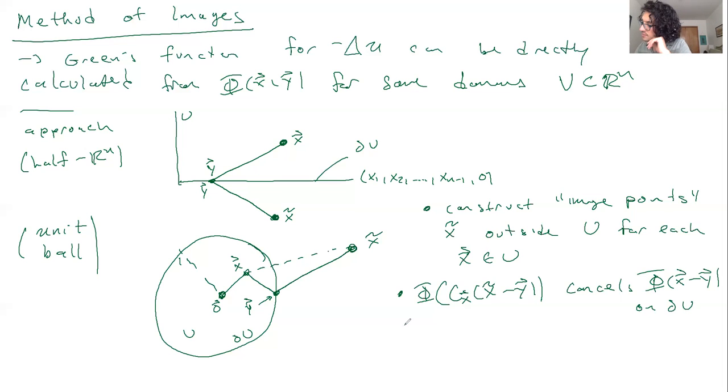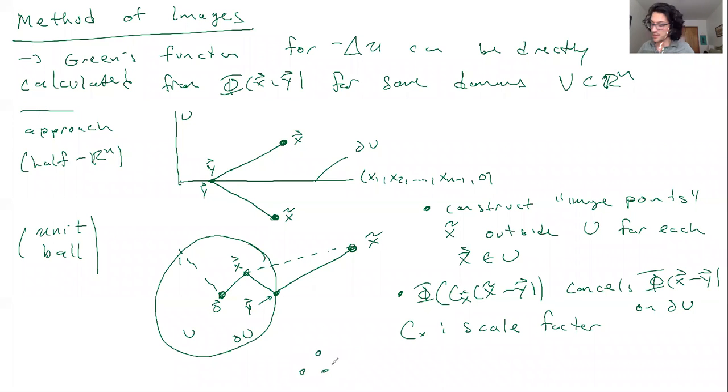And Cx here is some scale factor that accounts for the fact that you may need to dilate your spaces in order for points to correspond to points. The unit ball compared to outside of the unit ball, you can see there's some warping of the spaces that you're going to have to do, and that's what the scale factor accounts for.